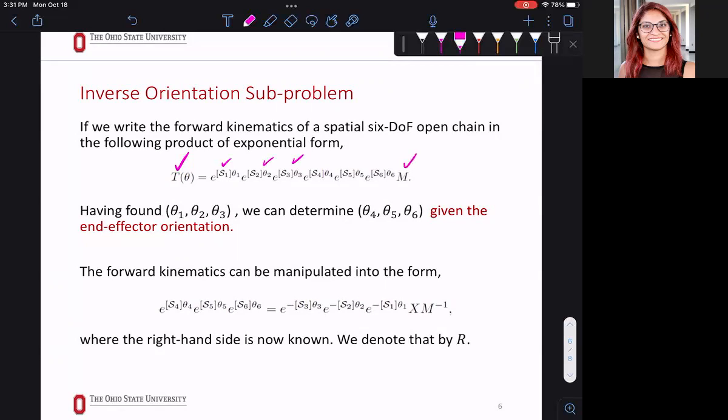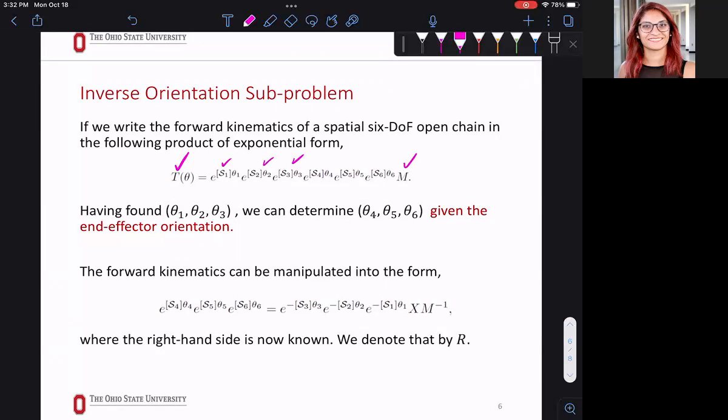We also know the M position. So how do I rearrange this to find theta 4, 5, 6? We can bring all of this to the left side and bring all of the known items to the right, so we know everything on the right.